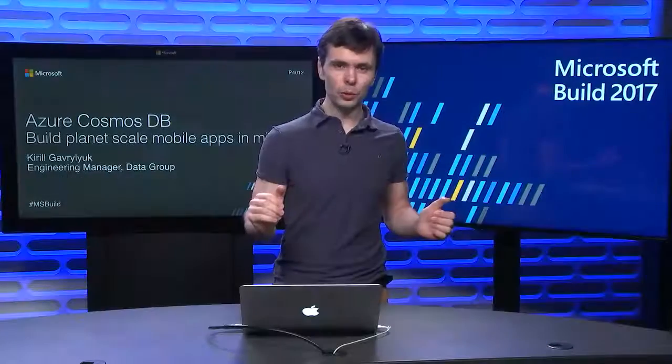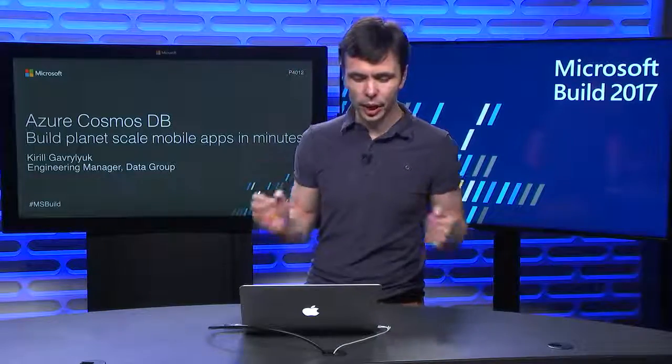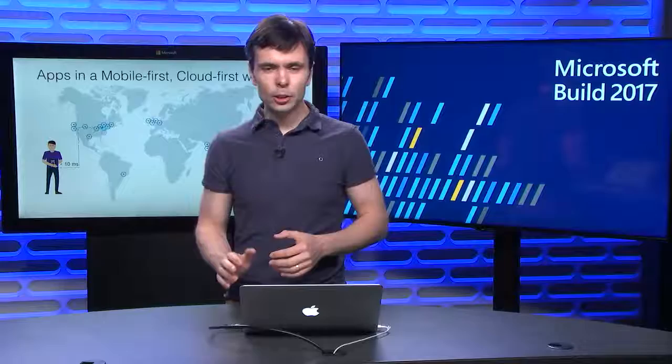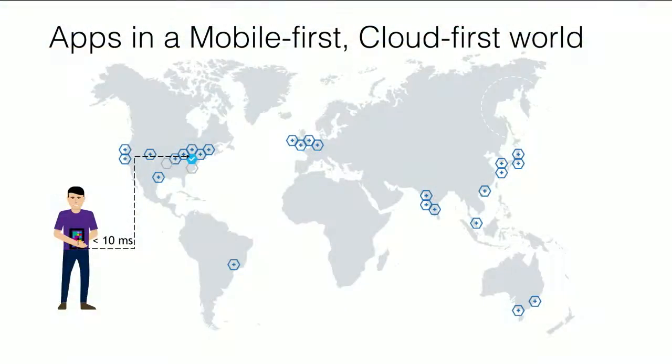Today we're going to talk about building planet-scale mobile apps in minutes with Azure Cosmos DB. Let's talk about a scenario that is becoming more and more common today with globalization taking steps forward. Let's say you build an app and you're having a great response speed and your app is responsive in United States markets.